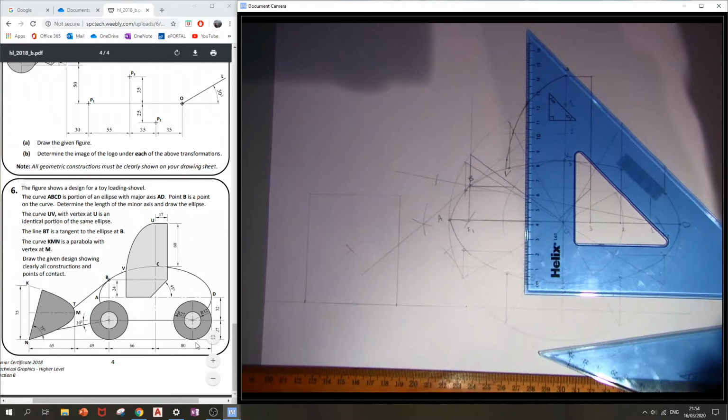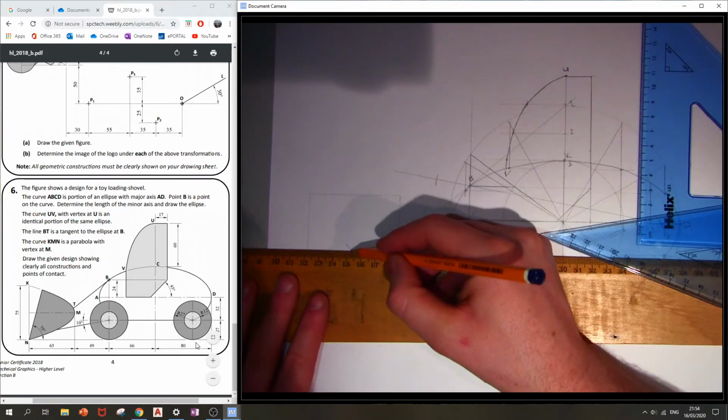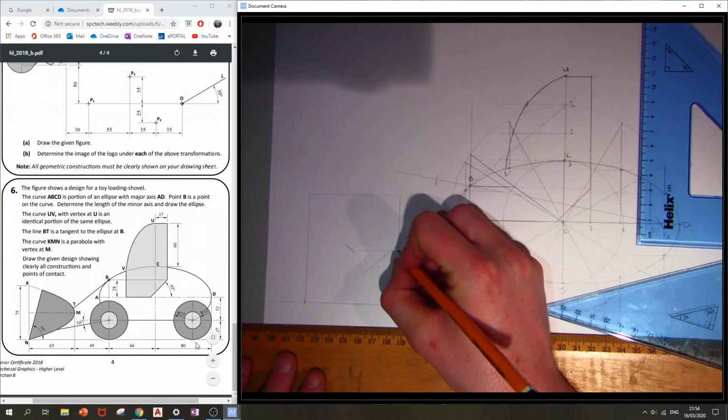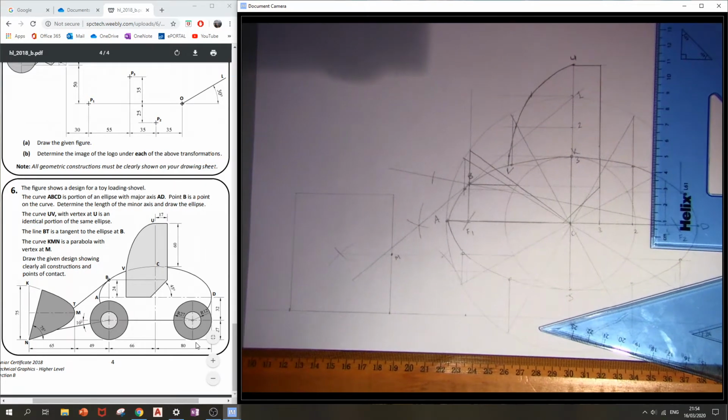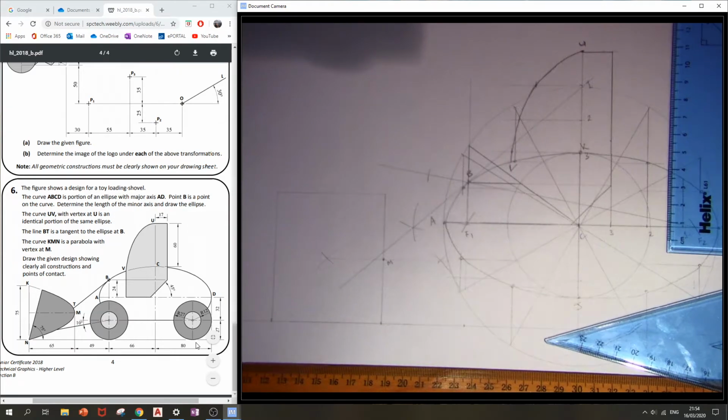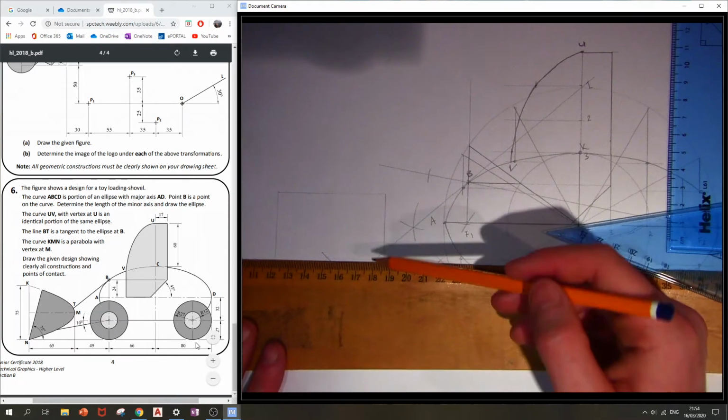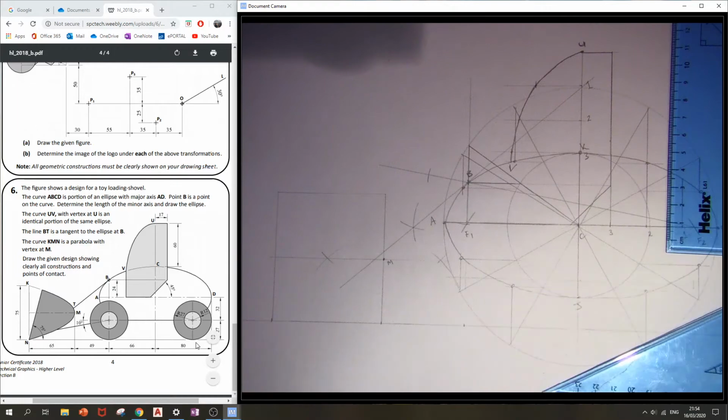Like that, and then that's going to give me my vertex M here. So this line here is going to be the center line of my parabola.